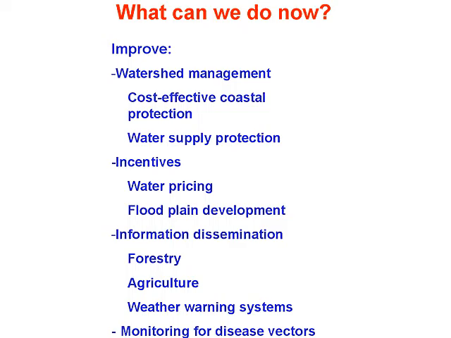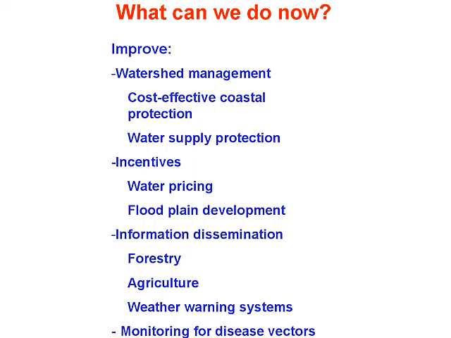We also need to disseminate information so that farmers and foresters will have better indications of what kinds of impacts might occur from climate change so that they can incorporate that into their planning about what sorts of crops and trees and so forth they might want to grow.